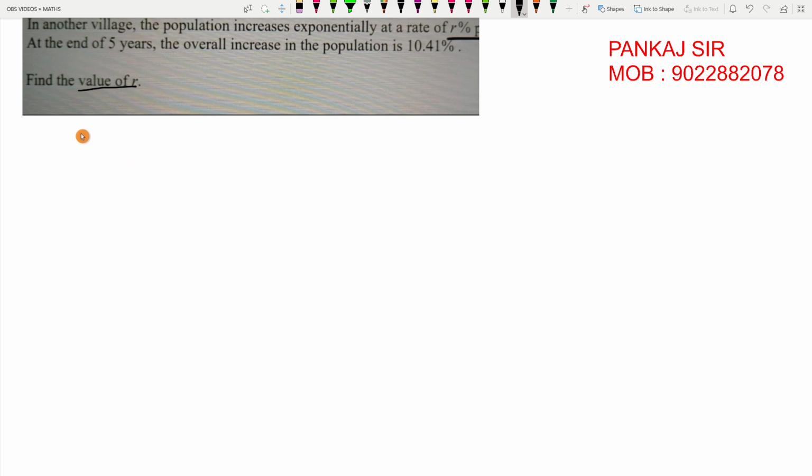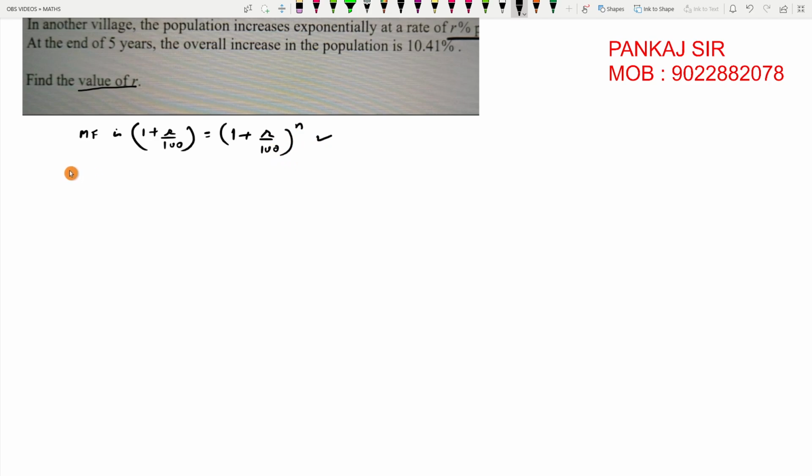So first we are going to see that the multiplying factor of this particular question is 1 plus R upon 100, and this can be written as 1 plus R upon 100 raised to n. Suppose the period is n. Okay, so this is one formula which we are going to use.